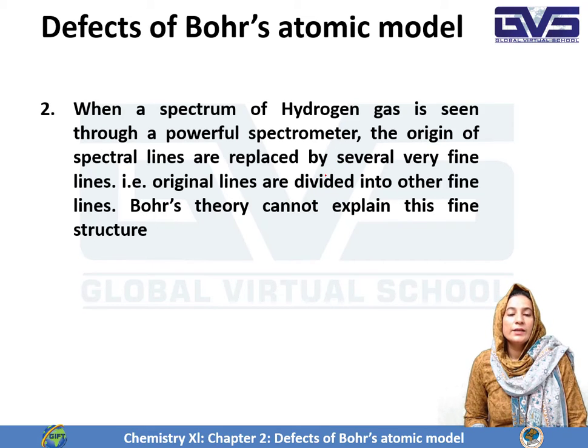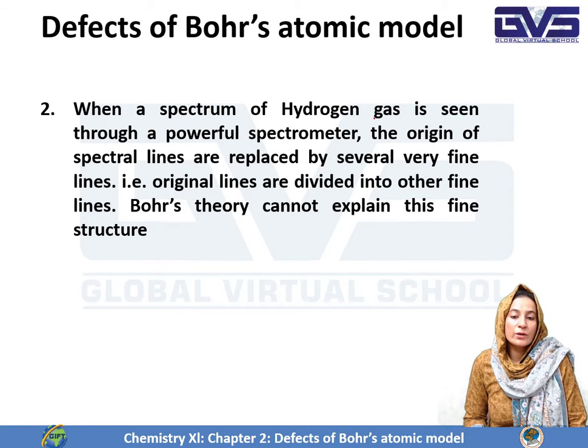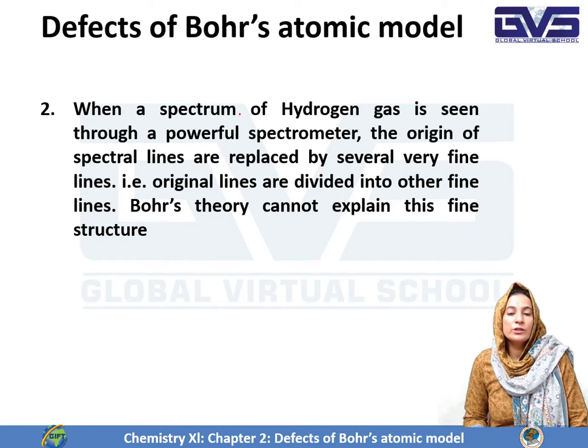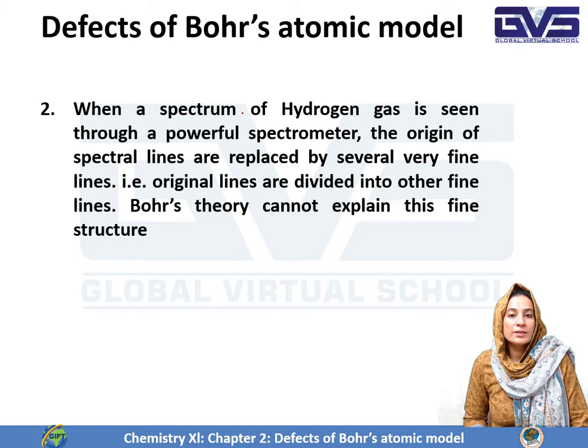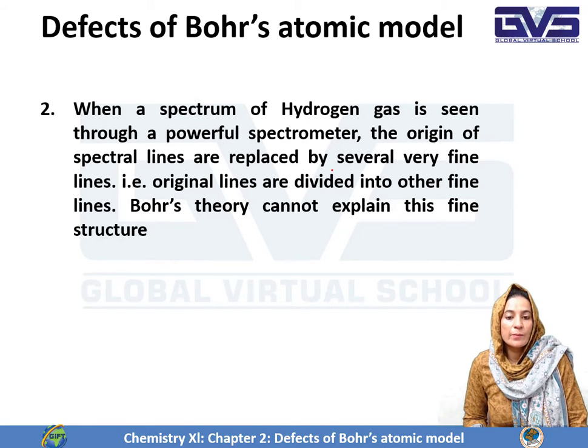The second defect concerns the spectrum of hydrogen gas. Spectrum, students, is basically the visual display of light that is split into different wavelengths, with different colors. When the spectrum of hydrogen gas is seen through a powerful spectrometer, the original spectral lines are replaced by several very fine lines.